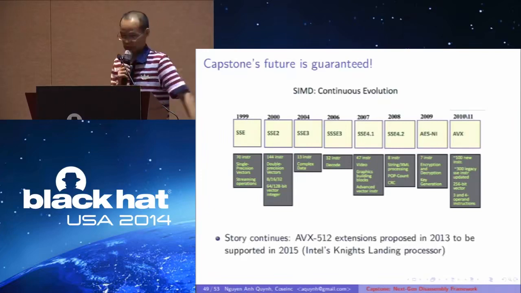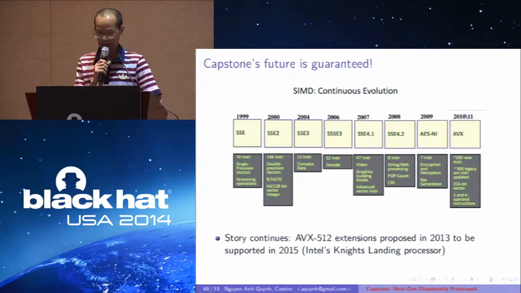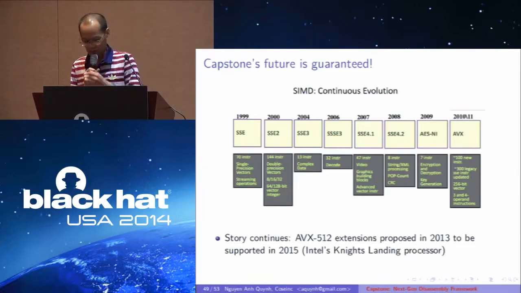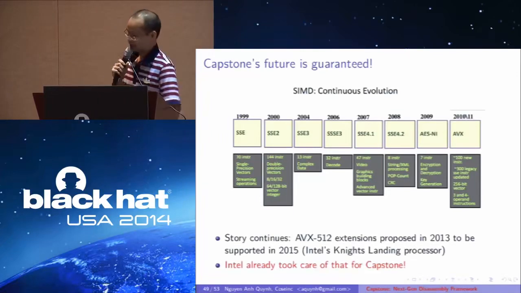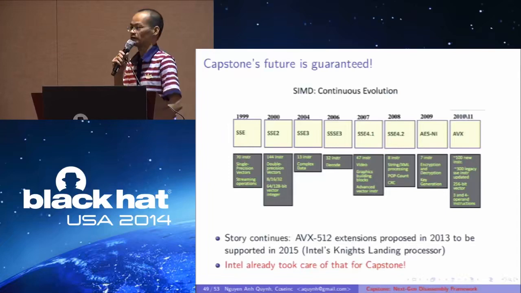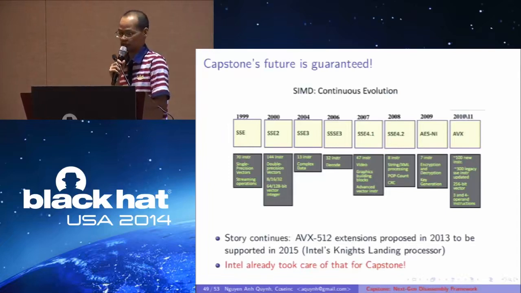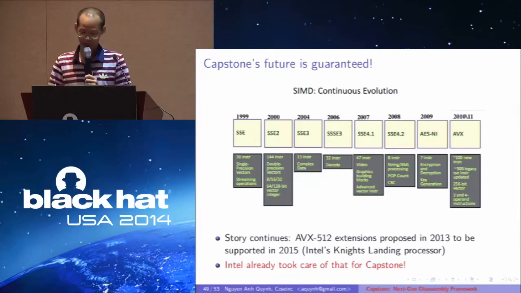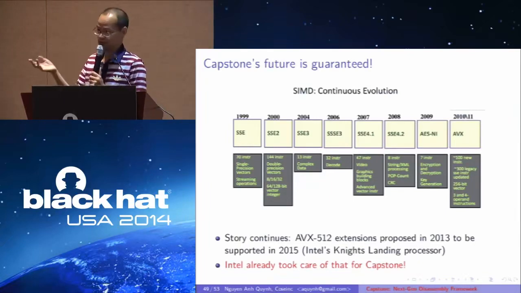And it doesn't stop here, because next year Intel will add one new instruction set named AVX-512, which will be out in some real hardware next year. But Intel already took care of that. Intel already supported AVX-512 in LLVM. And as a result, Capstone already has that. So you can see that the future of Capstone is guaranteed.